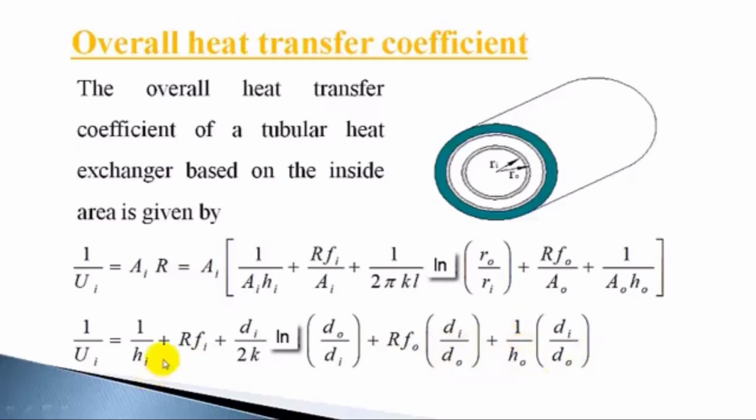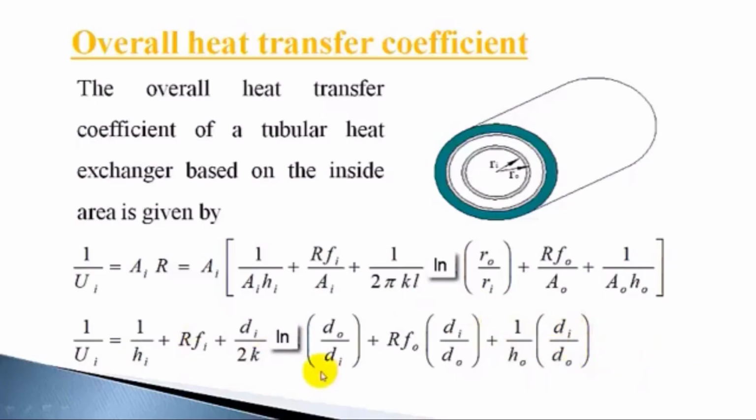If you know there is no fouling, these two terms will vanish, and if the thermal conductivity of the material of this pipe is high and the thickness of the wall is small, that is D0 by di tends to 1, this term also vanishes, and you will get 1 by Hi plus 1 by H0 into di by D0, ratio tends to 1, you get 1 by Hi plus 1 by H0 as the overall heat transfer.